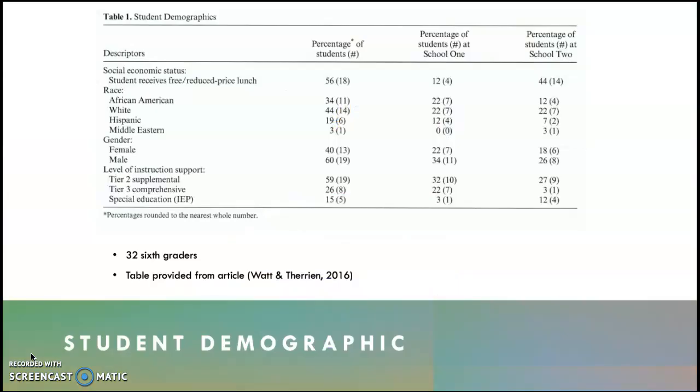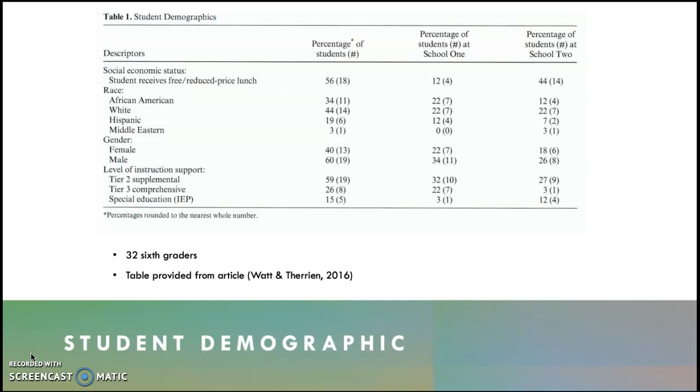The student demographic for this study consisted of 32 6th graders from 4 different classrooms in 2 elementary buildings. This table was provided in the article, which gives a lot of description.